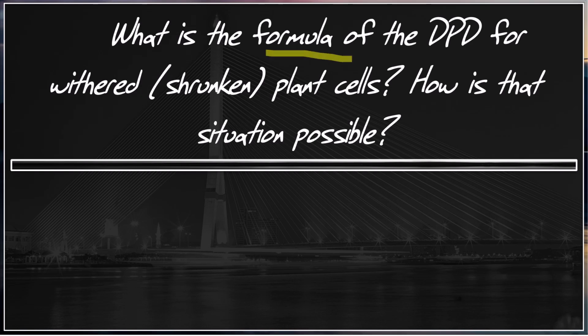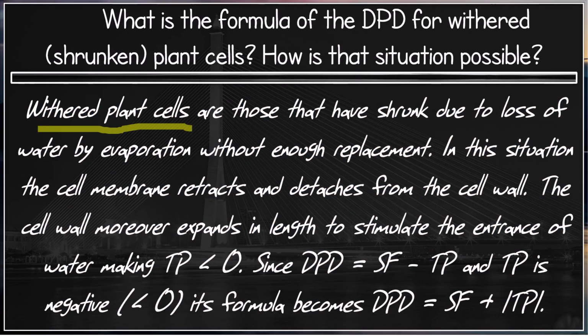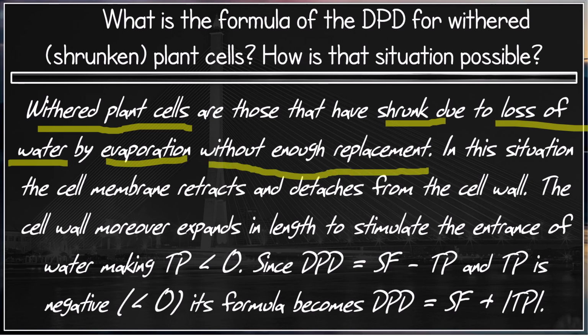What is the formula for DPD for withered, shrunken plant cell? How is this situation possible? Withered plant cells are those that have shrunk due to loss of water by evaporation without enough replacement. In this situation, the cell membrane retracts and detaches from the cell wall.